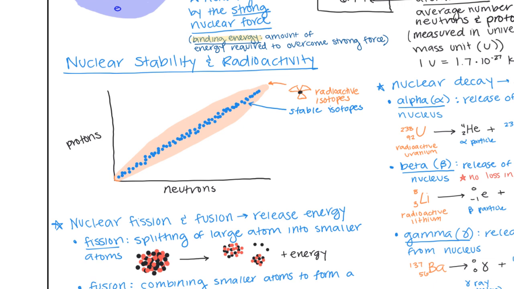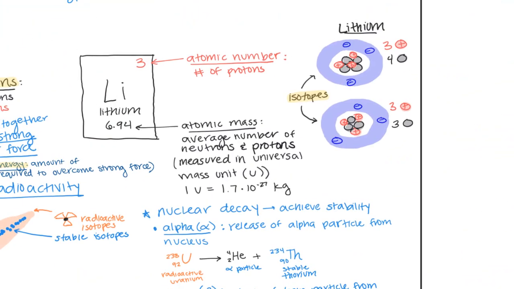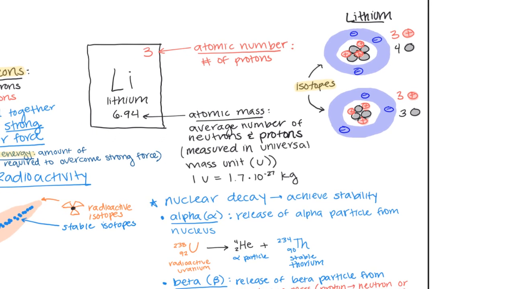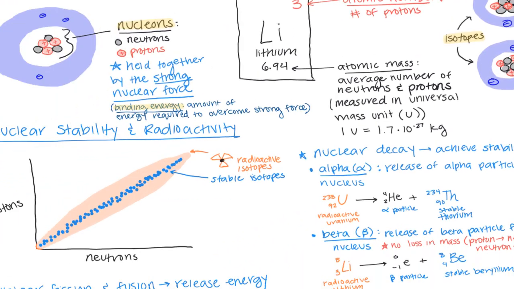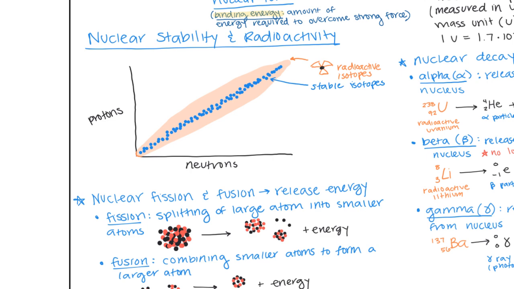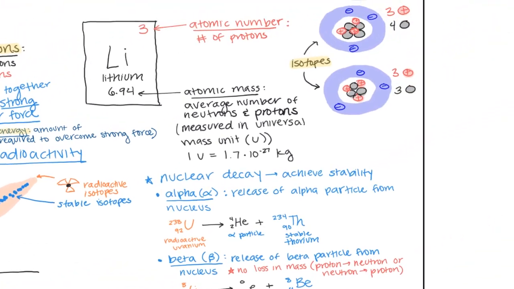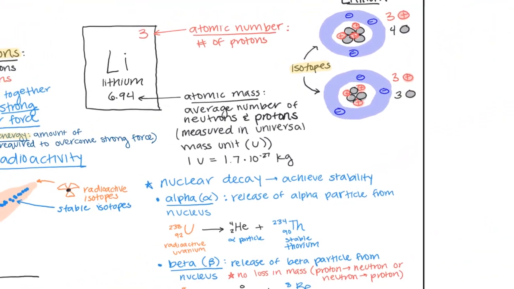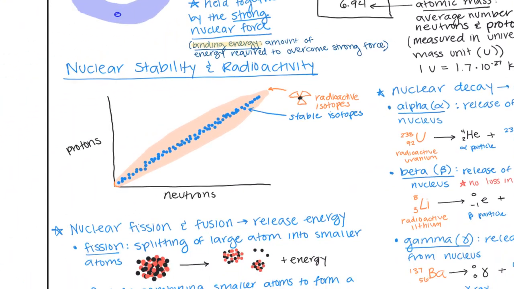Now, these isotopes that are unstable, they still exist. This isotope of lithium with 3 protons and 3 neutrons still exists in nature. It just might not be as stable as a variation of lithium that has 3 protons and 4 neutrons.